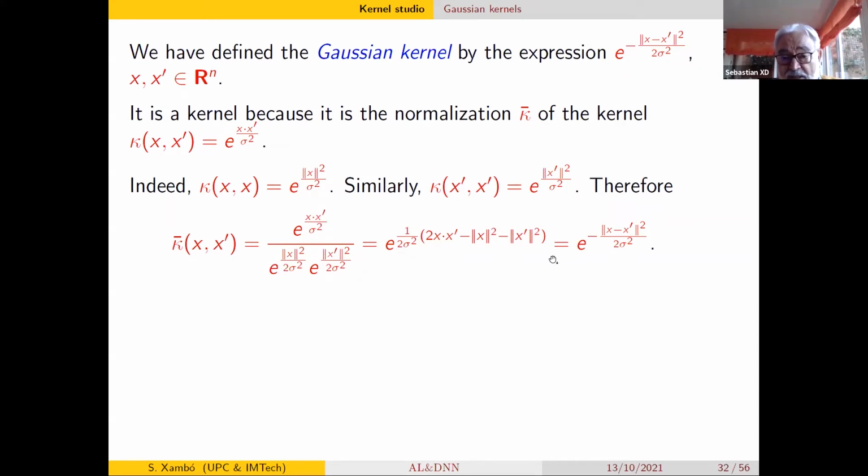You do your arithmetic, and you clearly get this, because here there is a 2, here there is no 2, so actually here you get a 2, a minus and a minus, because they are dividing, and you get this. So this is wonderful, to have that the Gaussian kernel is indeed a kernel in the sense of today.